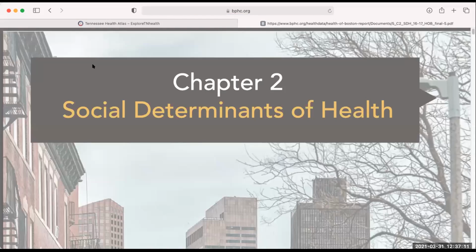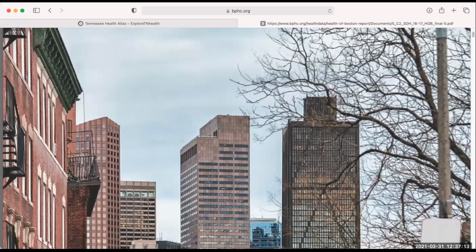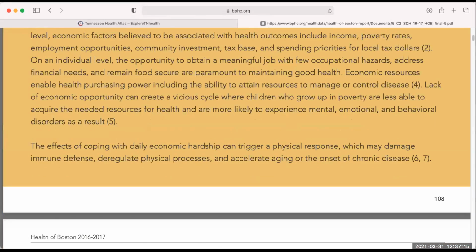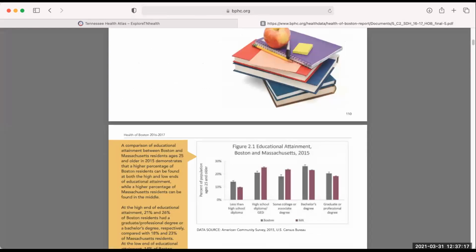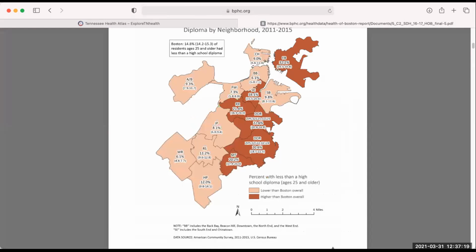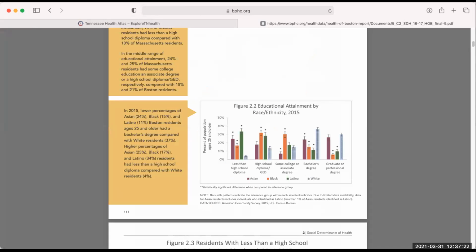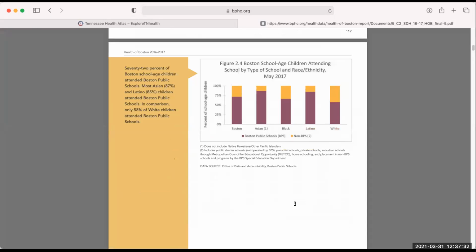And we find that they do have reports and data sets prepared here. And in this case, this is a detailed chapter on health in the city of Boston. And we can look and see, where did they get their data? They got it from the American Community Survey run by the Census Bureau. So you could look that up if you wanted to get that specific set of data.